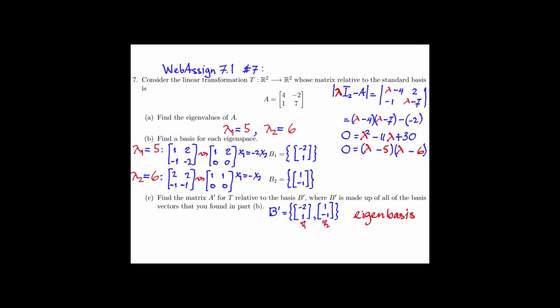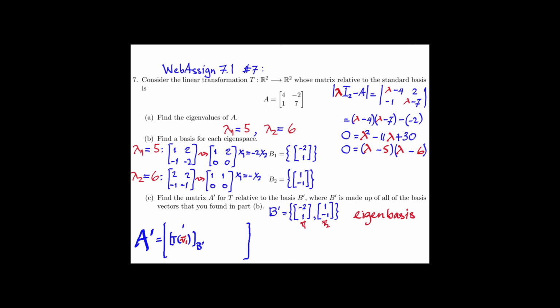I call the two vectors v1 and v2 because to set up A prime, what we need to do is get the 2 by 2 matrix consisting of coordinate vectors relative to B prime of the images of the basis vectors.